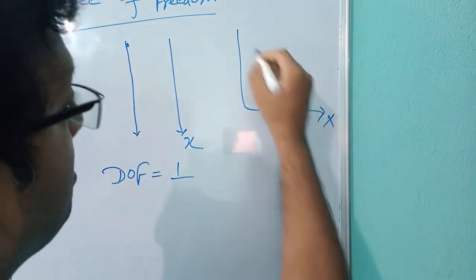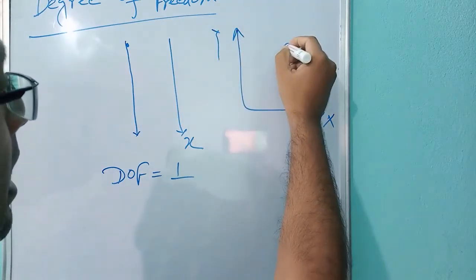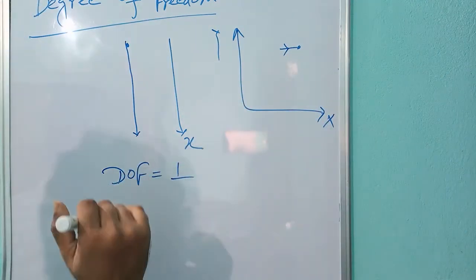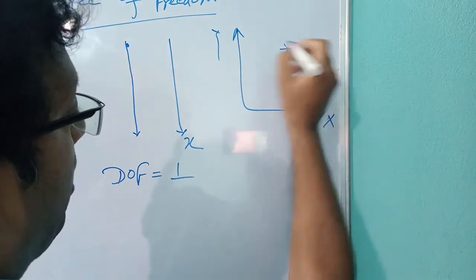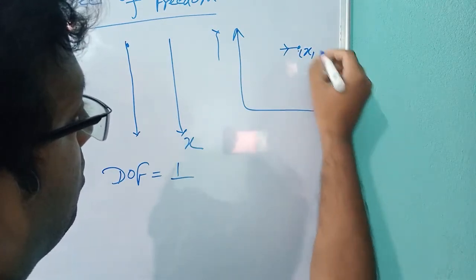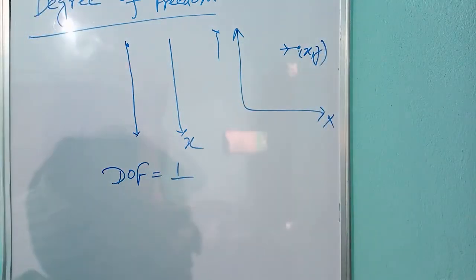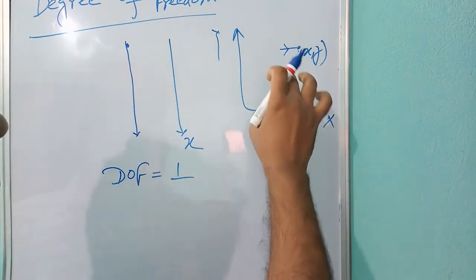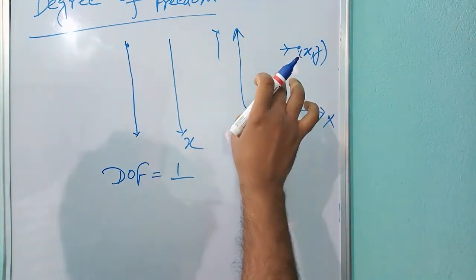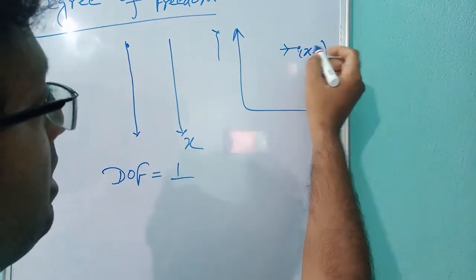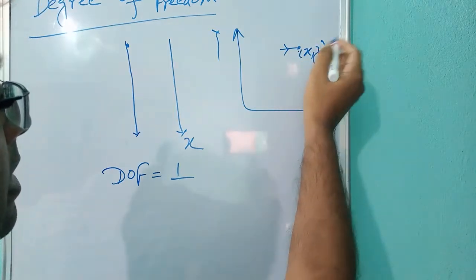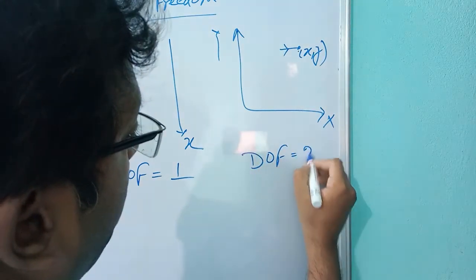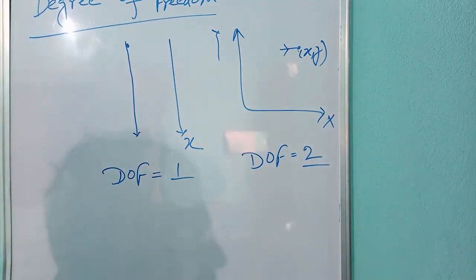Suppose this is x and this is y, and if there is any insect flying in a particular plane, to describe this point we need two coordinates. So the independent variables required to describe the state of motion of the body: here we need two coordinates, x and y. That's why in this case the degree of freedom will be equal to 2.